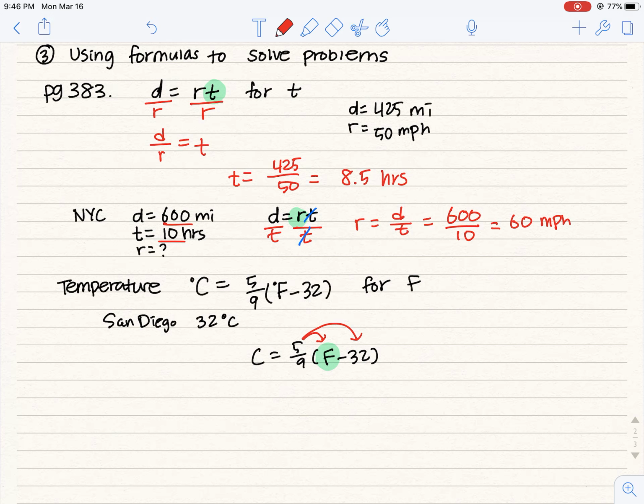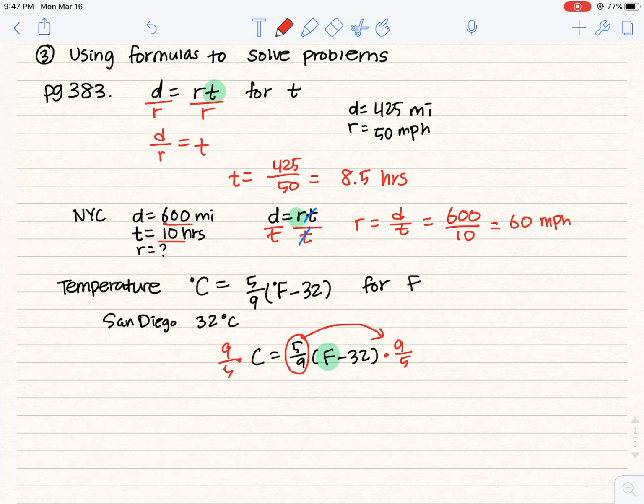first. Now, if I don't want to work with these fractions because it will give me a weird answer, what I'm going to do is go a step further and do the last step, the inverse operation. So I'm going to multiply by the inverse of this, which is 9 over 5.